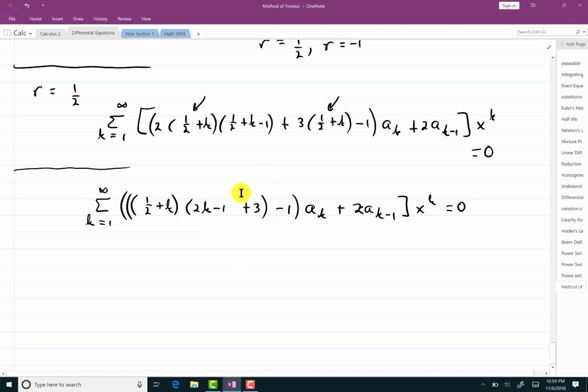So perhaps I'm doing a little too much at once, but whatever the case may be, this will end up becoming a 2k plus 2 inside of here. So I'll have the 1/2 plus k, then I'll have 2k plus 2, and I'll have minus 1, and all that stuff is attached to a sub k.